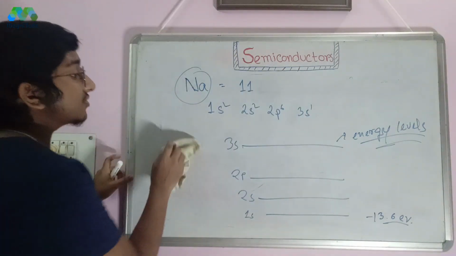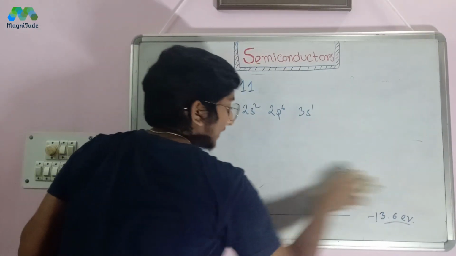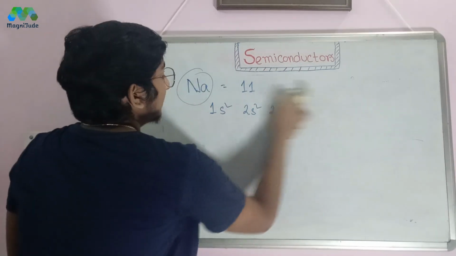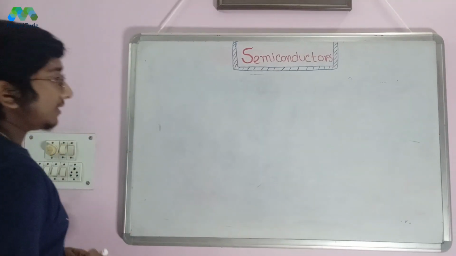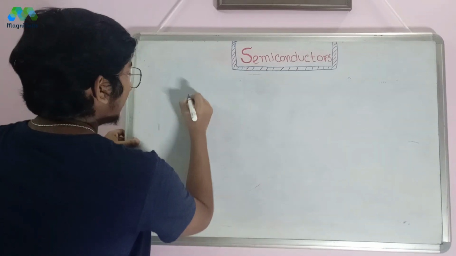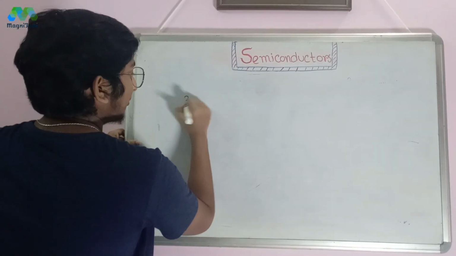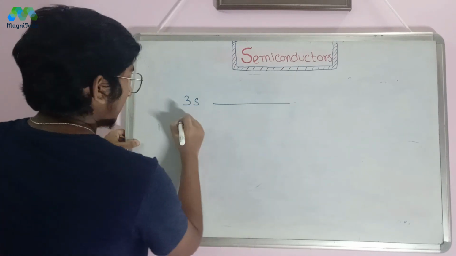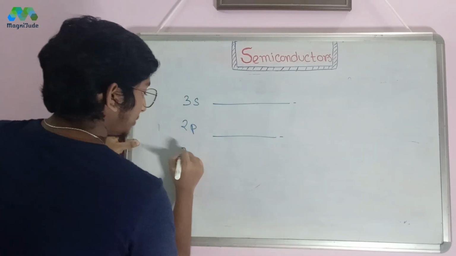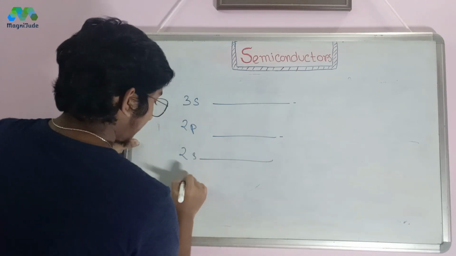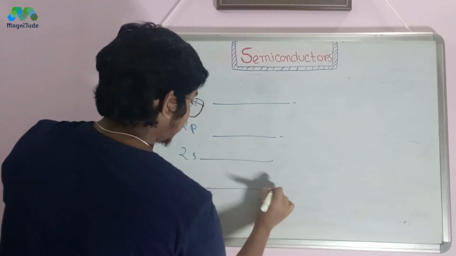So what happens in a crystalline format? Let's see the same thing, but slightly different. Suppose we draw the 3s line here, the 2p line here, the 2s line here, and the 1s line here.